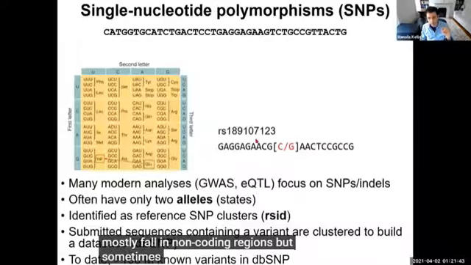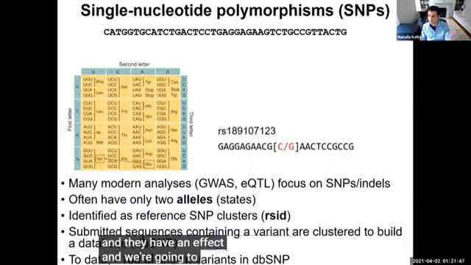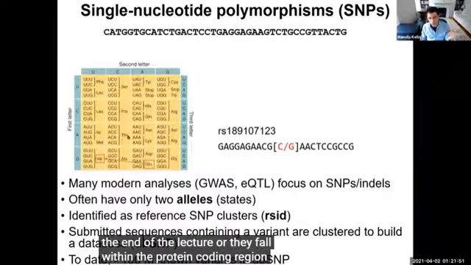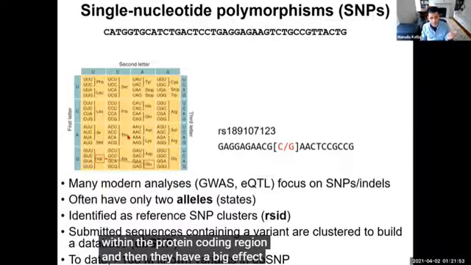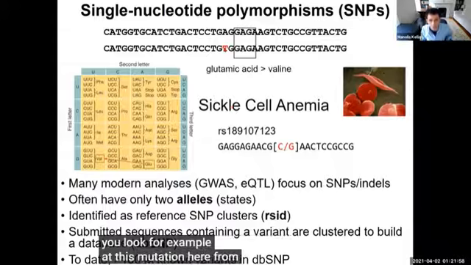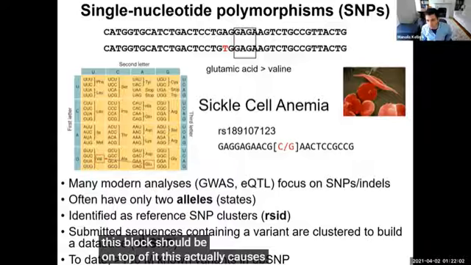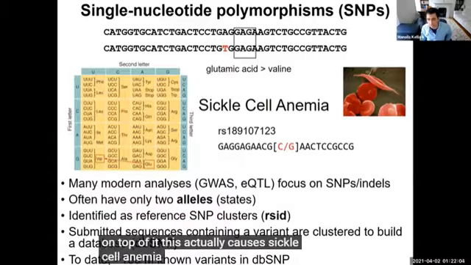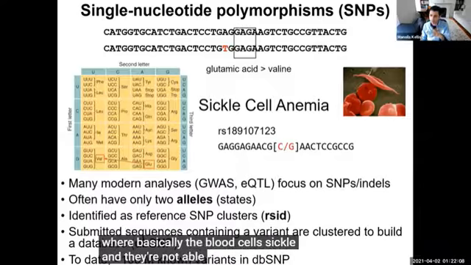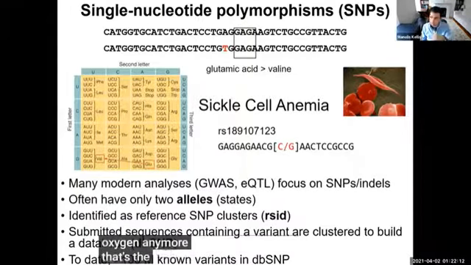But sometimes they fall either in a regulatory region and they have an effect, and we're going to talk about that at the end of the lecture, or they fall within the protein coding region and then they have a big effect. So if you look, for example, at this mutation here from A to T, this actually causes sickle cell anemia, where basically the blood cells sickle and they're not able to carry as much oxygen anymore. That's the bad side.